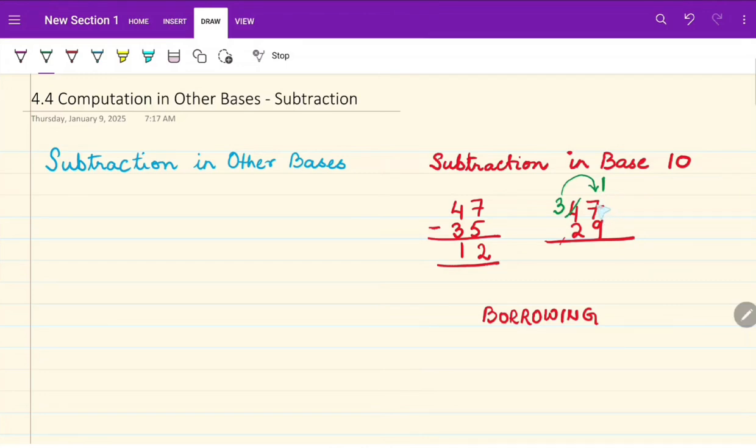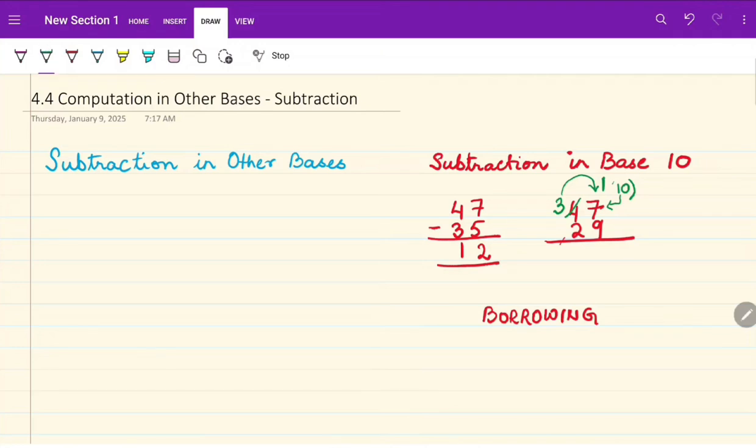Then the process is we unbundle the 1 and take out the 10 pieces in that bundle. 1 has 10 pieces in it in base 10. So we unbundle it and add that 10 to the 7. Let me write this down below.